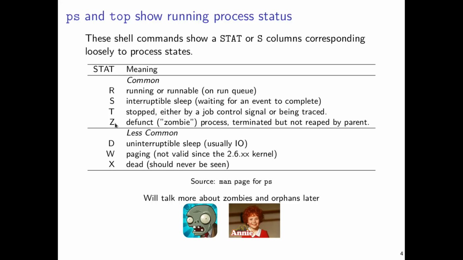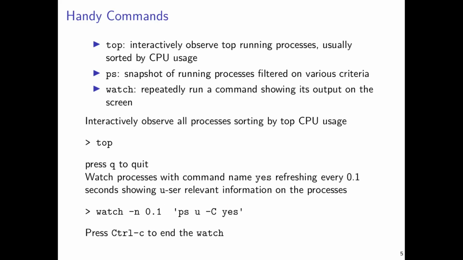And the final one that's most common to see is a zombie process, something we'll talk about a little bit later. Slightly less common things to observe in ps or top are the D state, which corresponds to an uninterruptible sleep, paging via the W, and X, which ostensibly you should never see if things are going right on your system. So a few notes on that.